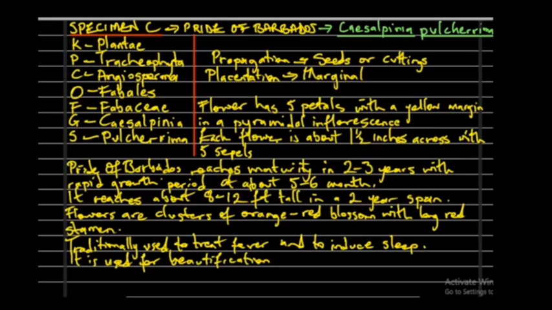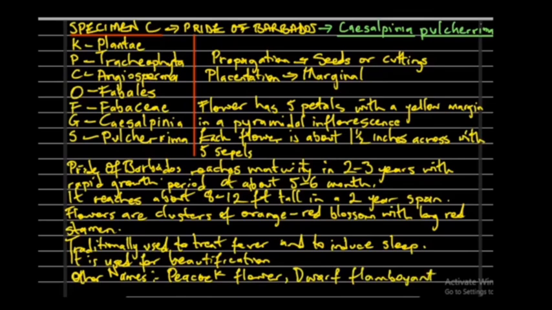Other names that we call this particular species: it is also called peacock flower. It is called dwarf flamboyant.